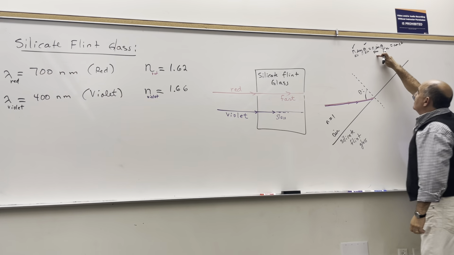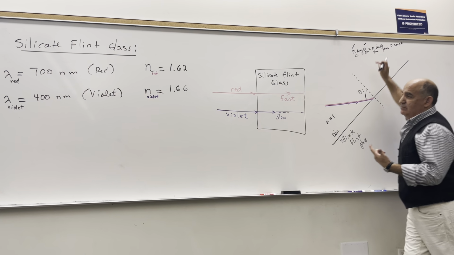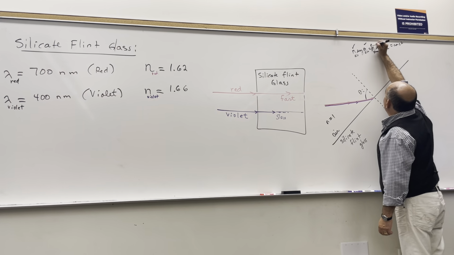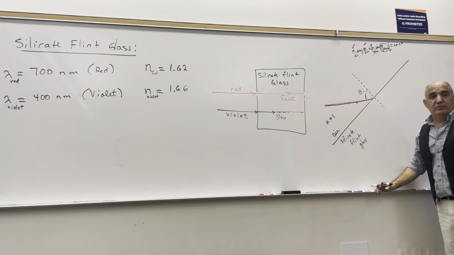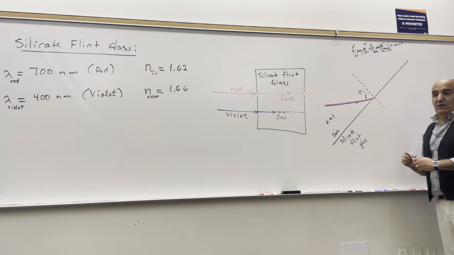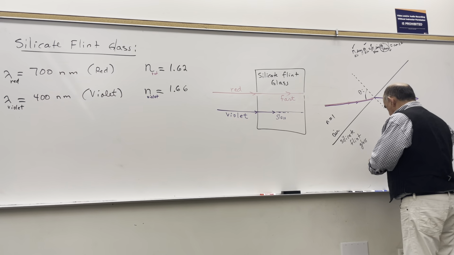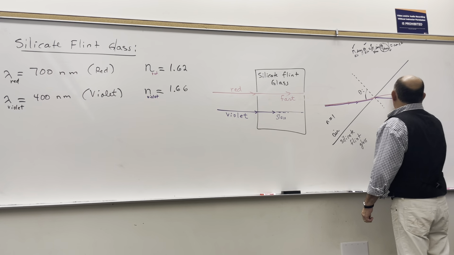So the color for which the index of refraction is greater, like violet, is going to have to be the one with the smaller angle measured from the normal. So the violet one will then go like this, and the red one will bend, well, less.